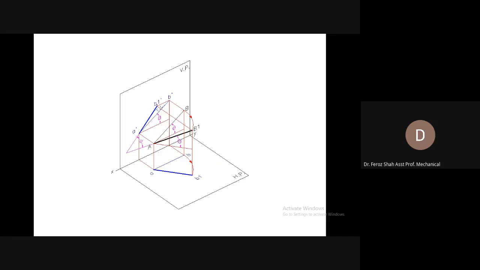So it means that you have made line AB inclined to the vertical plane as well. Now, if you have done that, what happened to the theta, or what happened to the true length of the line in the front view?